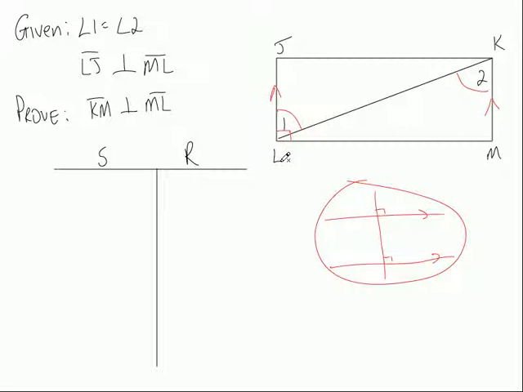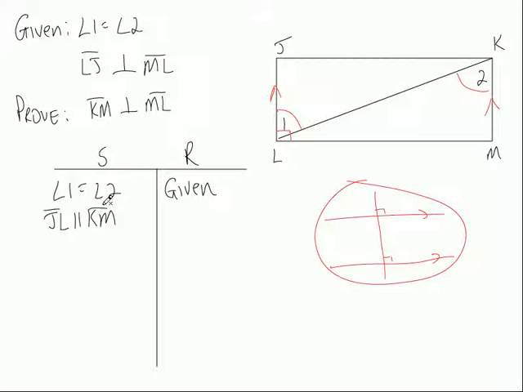I know I'm going quick because I only have like a minute left, so let's just write it down. Watch. Angle 1 equals angle 2. It's given. I'm going to split up my given. I told you, you don't have to put them all at the top right here. Now, JL is parallel to KM.